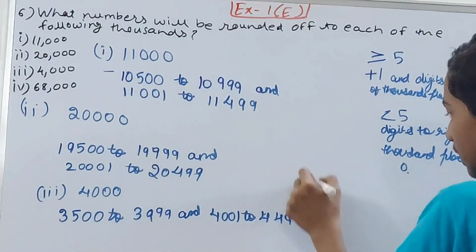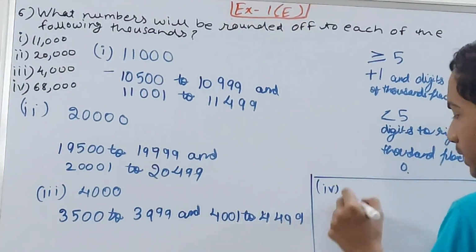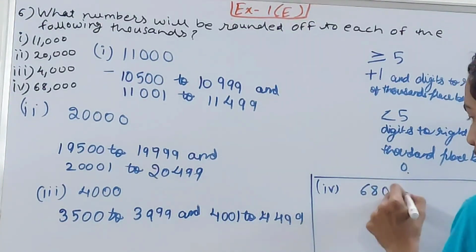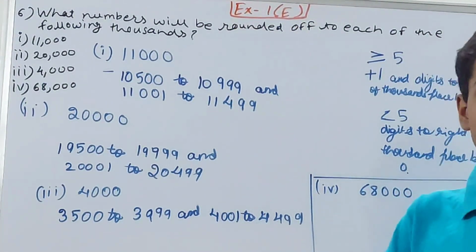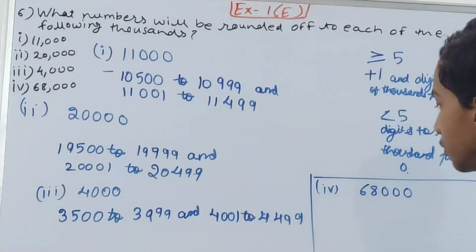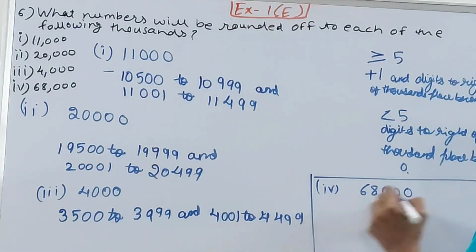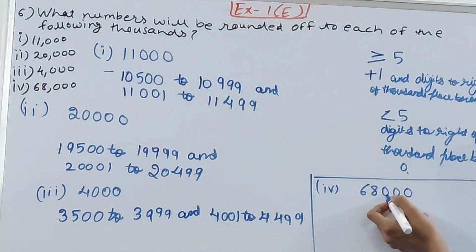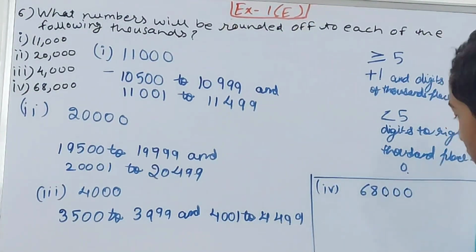Now see, the last part is the fourth part. You have here what? 68,000. So again, go the two ways possible: less than 68,000, more than 68,000. See here, 68,000. So first of all, you will have the digit at the hundreds place as 5. The least number will be 5.